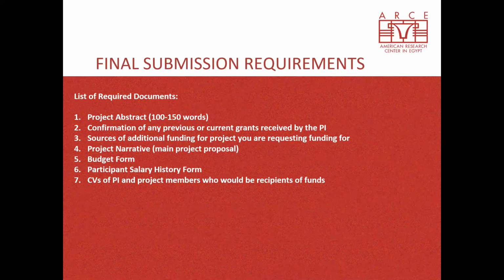Four, the CVs of the PI or project director and project members who would be recipients of funds. Basically, the main team members of the project. And the other three items are the project narrative, basically your main project proposal, the budget form, and the participant salary history form, which I'll get into in the coming slides.